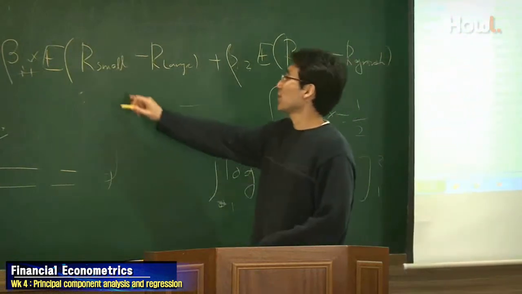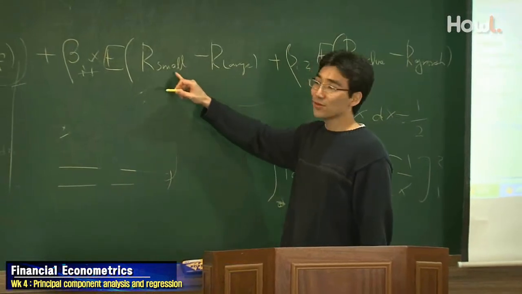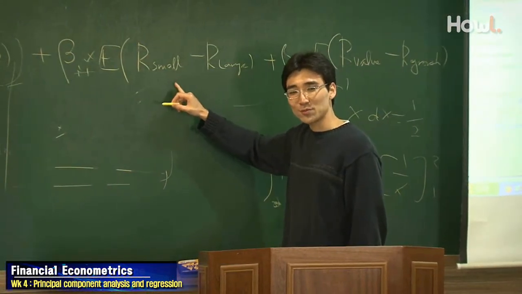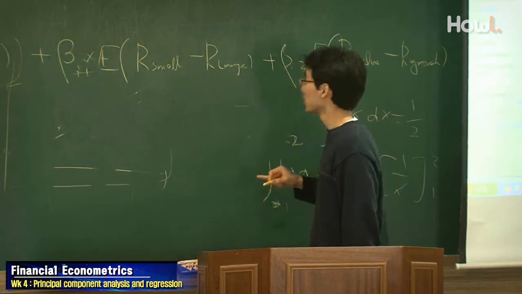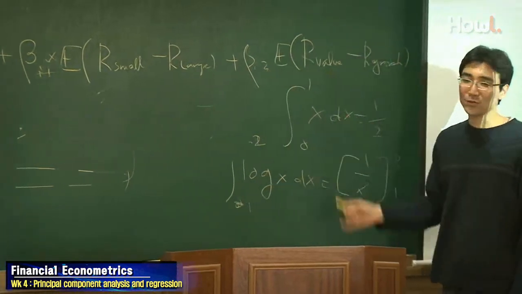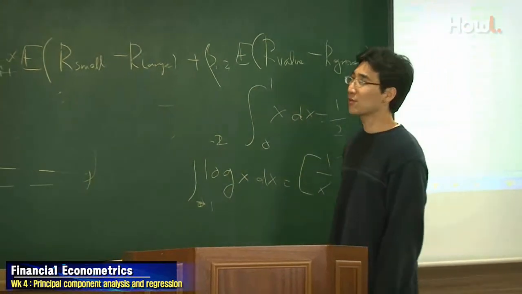So it is basically the return from a portfolio of small stocks, and this is the return from a portfolio of large stocks. And this is the return from a portfolio of value stocks, and the return from a portfolio of growth stocks.